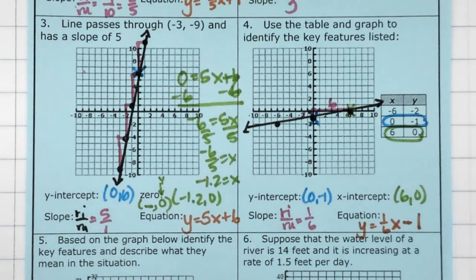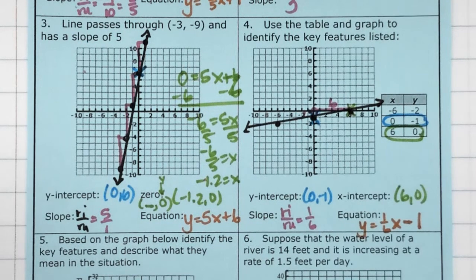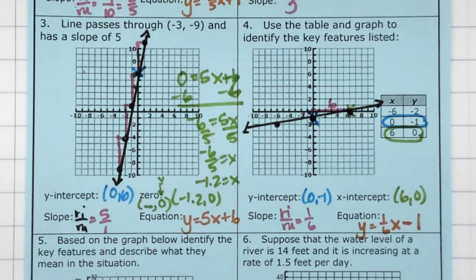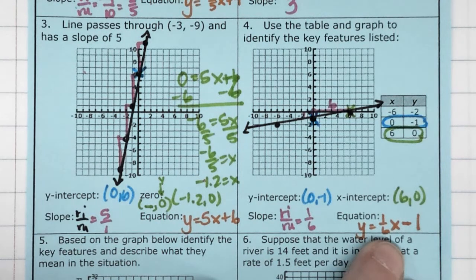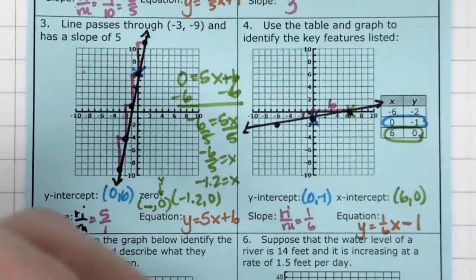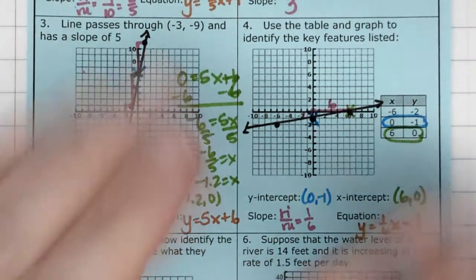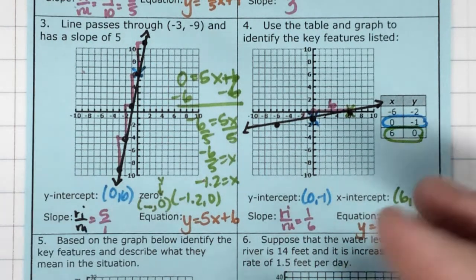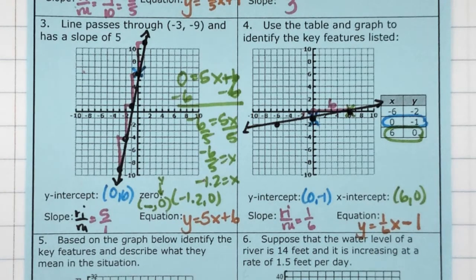Now you could put plus -1, and that is not wrong. That's just not how we do it in algebra. I won't count it wrong if you do it that way, but you will never see it written as plus -1. I would be shocked if you ever saw it written like that on a worksheet or a test question, anywhere. We just don't write it that way in algebra, so I want you to get in the habit of writing it like this.